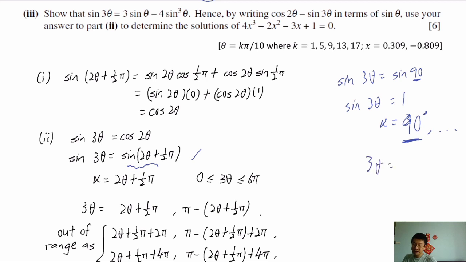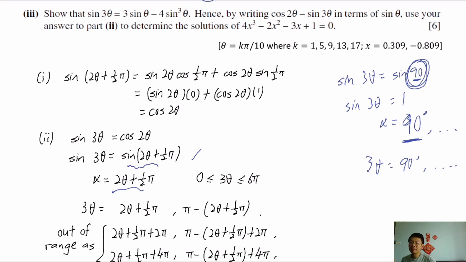Our solution for 3θ must have more values. So 2θ + ½π is just one of our basic angles.